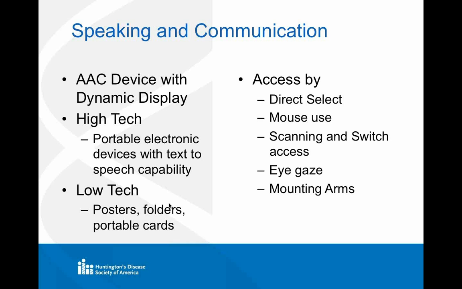There's alternative mice, so it doesn't have to be your typical standard mouse. There's other types of mice that we can use. Scanning and switch access, I'm not going to get too much into that, but that's a really good option. There's things that work just with eye gaze.